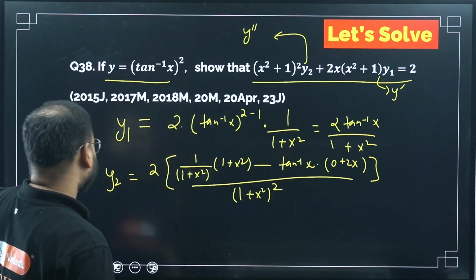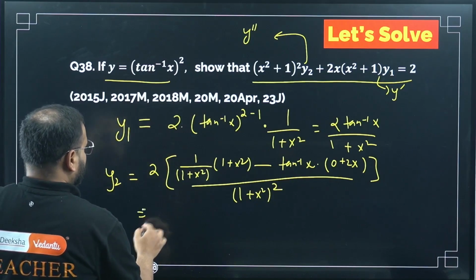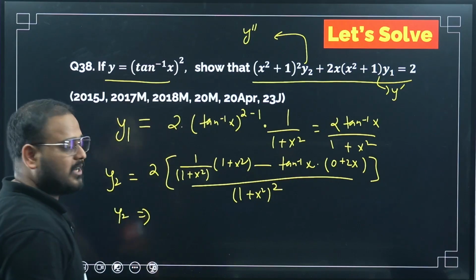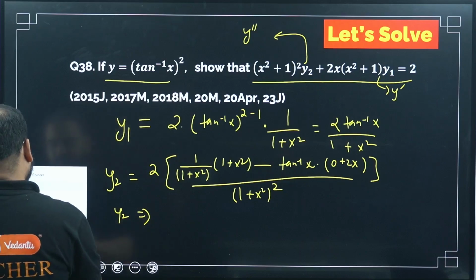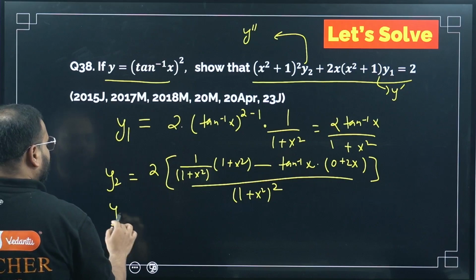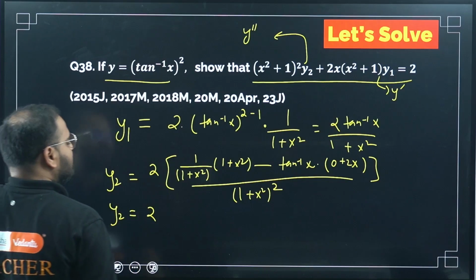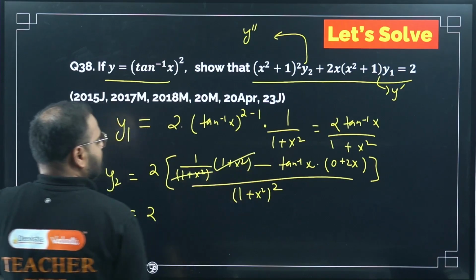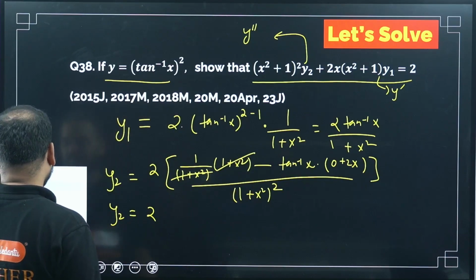Please check. So now I'm getting y2 equals 2 times of, this is getting cancelled, 1 plus x square, 1 plus x square. I'll change the sign.